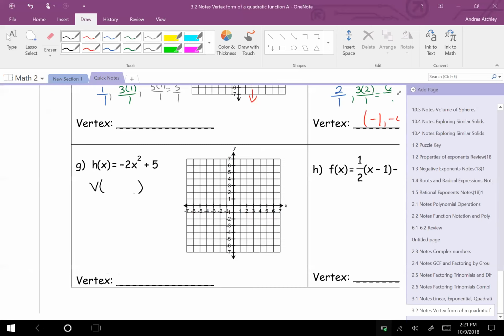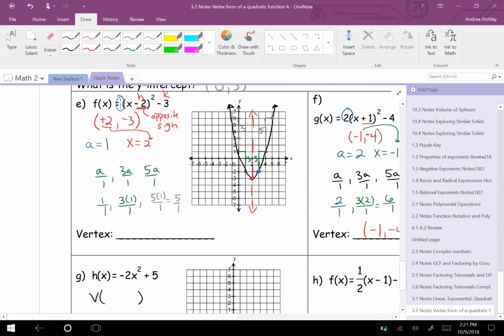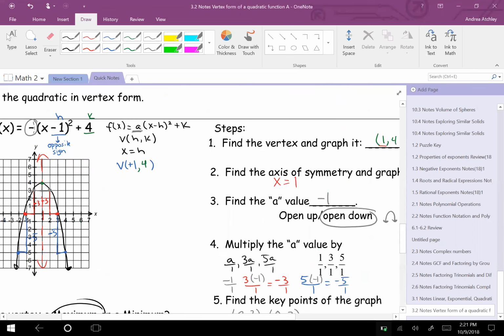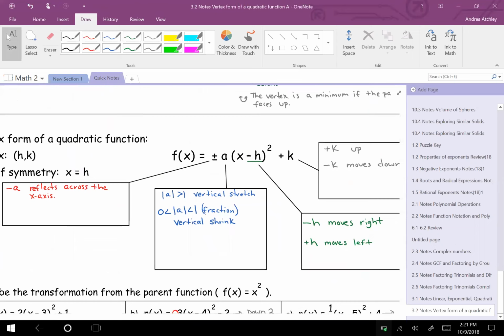Okay. So the 2, is that more in the spot of the a value, or is it more in the spot of the h value? Well, let's see. H is a number that is added and subtracted to x, right?